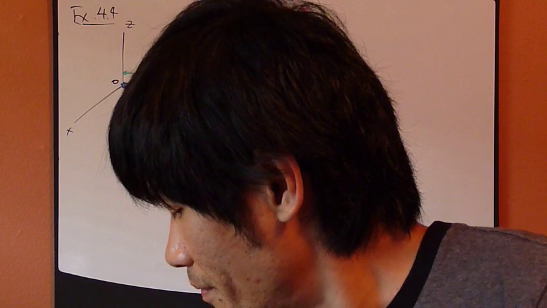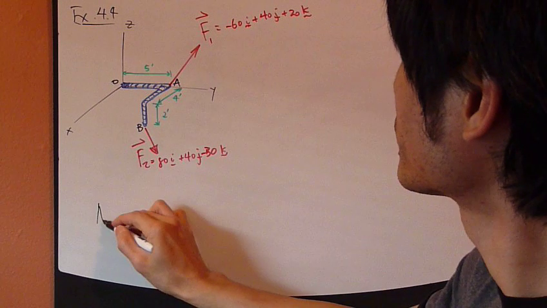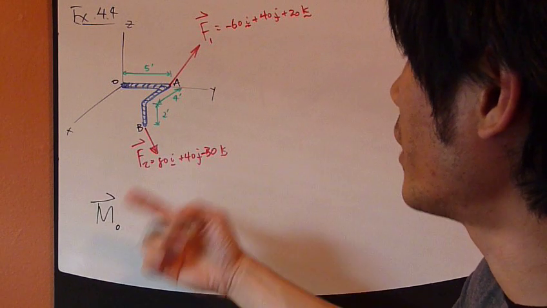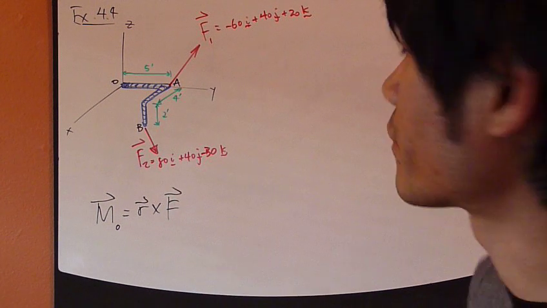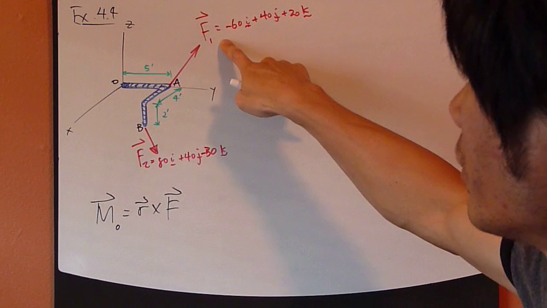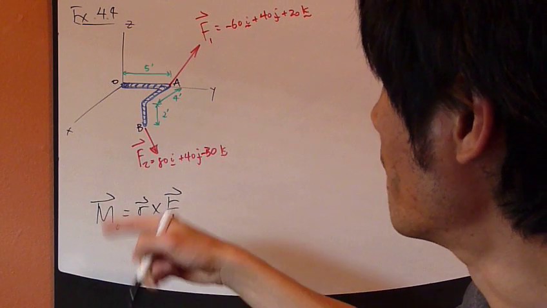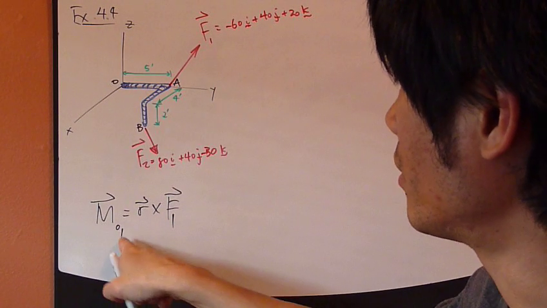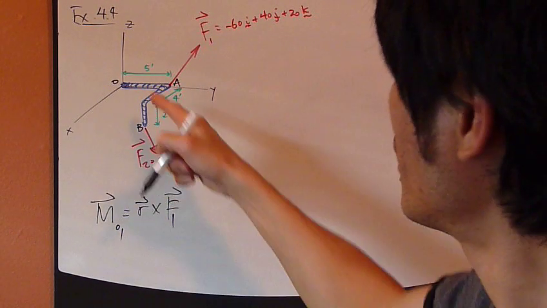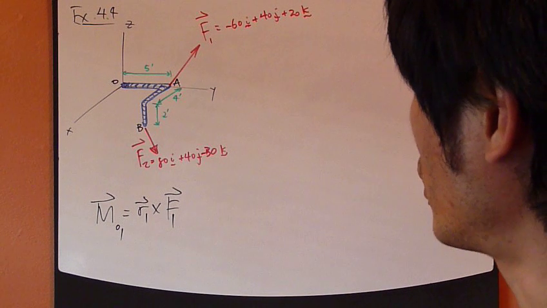So, by definition, moment about a point, any point, point O, goes R cross F. So this F1 will create a moment about point O, and let's call it MO1, and R, let's call it R1.